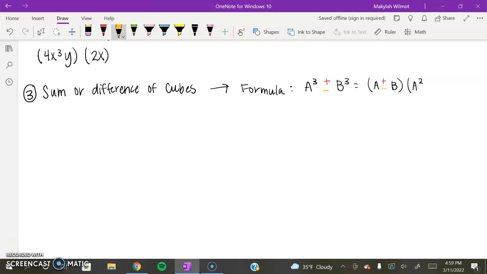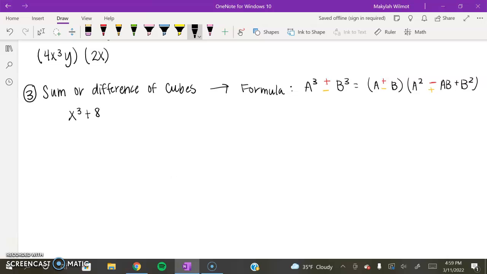And this time, instead of it being positive, it's going to be negative, positive AB plus B squared. Okay, so that's a lot. What does that mean? So let's look at an example.